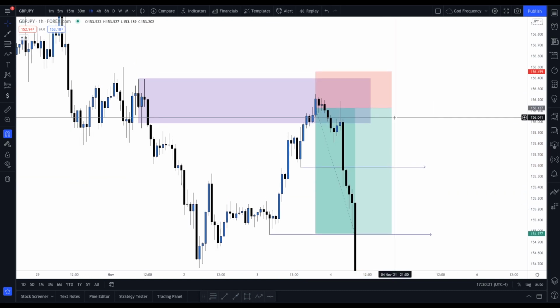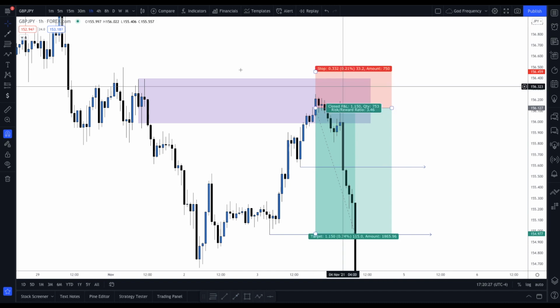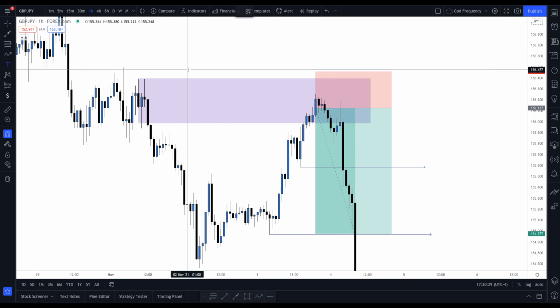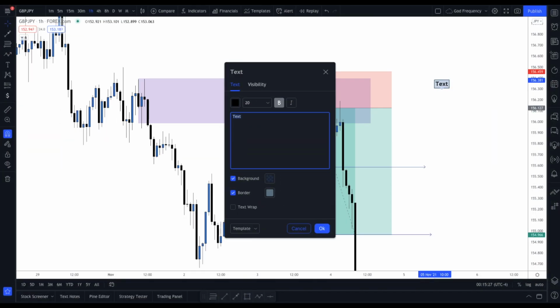Now, in order to make $100 to $200 per trade, you just have to do some simple math. It's really simple. We have two TPs here. We have a take profit 1 of around 50 pips, and a TP2 a little bit over 100 pips.